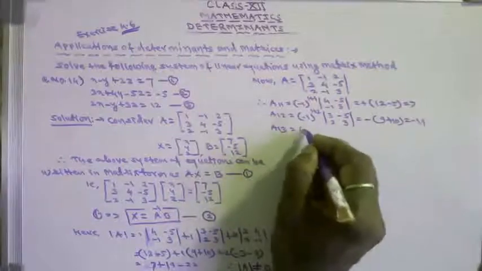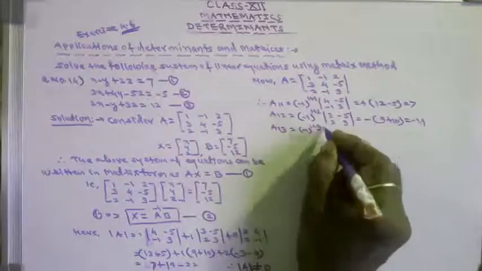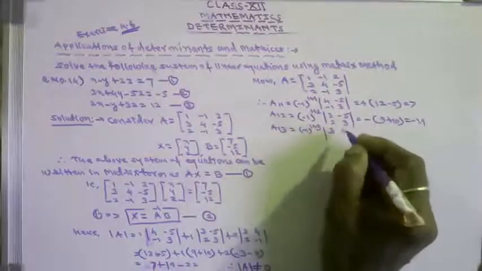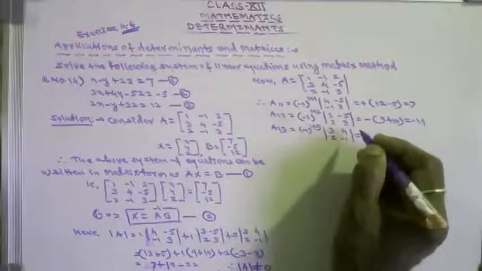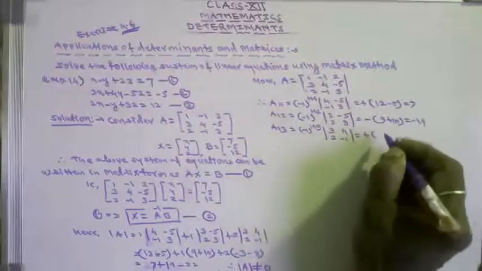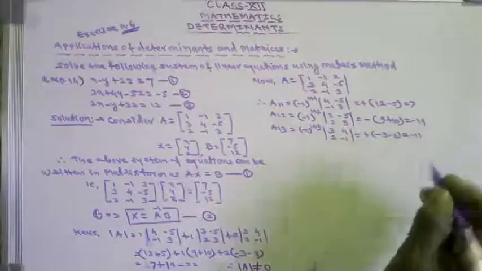A13 is minus 1 raised to the power 1 plus 3 into the determinant 3 4, 2 minus 1, so that is plus, minus 3 minus 8, that is minus 11.